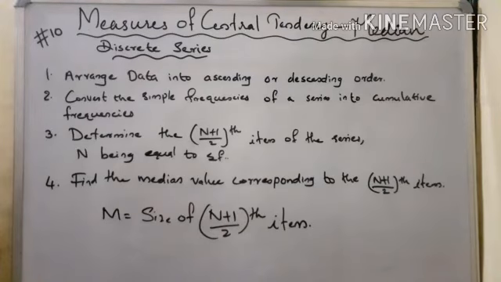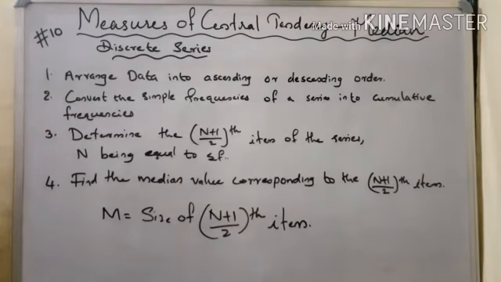Then the next step is to find the median value corresponding to the (n plus 1) by 2 the item. So median is equal to size of (n plus 1) by 2 the item. Which item is representing this size of (n plus 1) by 2?